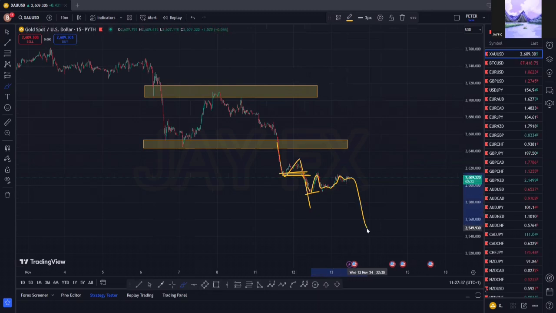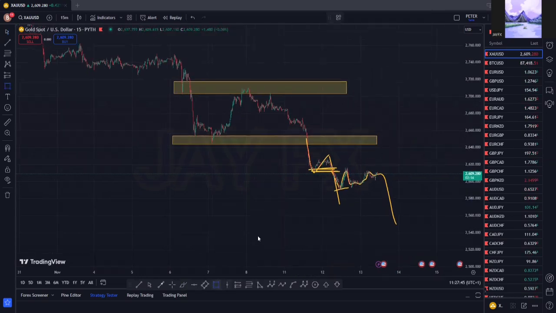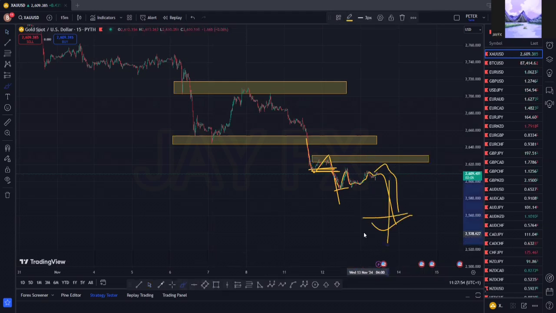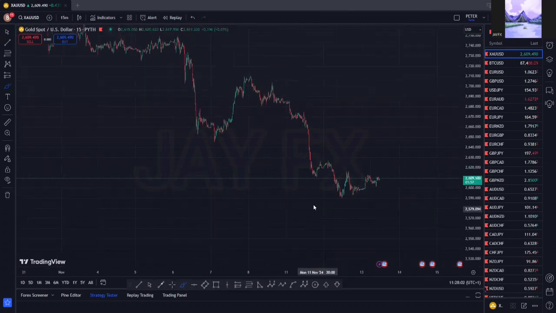So what it's doing, I think, is to fool us, because I'm sure that it's trying to find a way to set another strong resistance here so it can go down, right? After going down, after this selling, I don't know what's gonna be next, but what I'm sure about is that this gold today is gonna just go down.